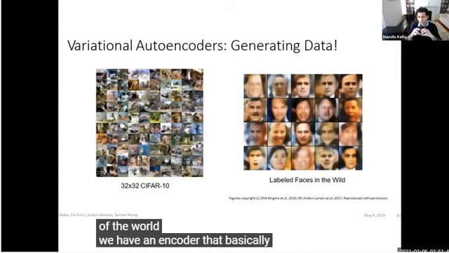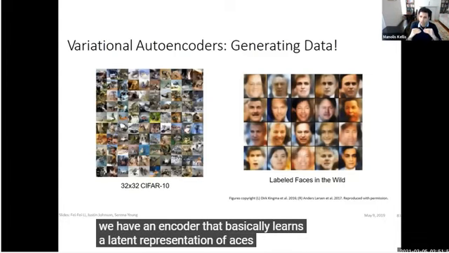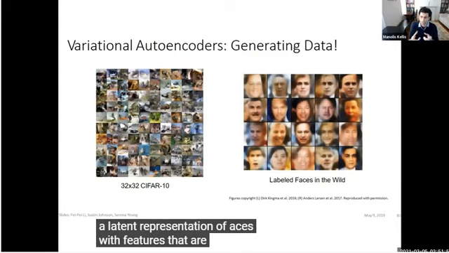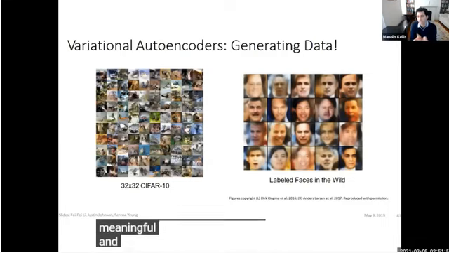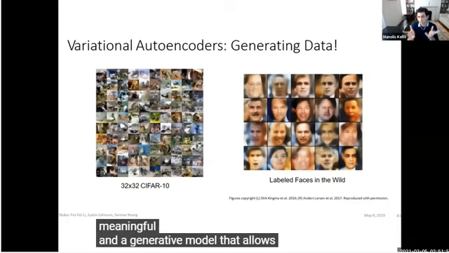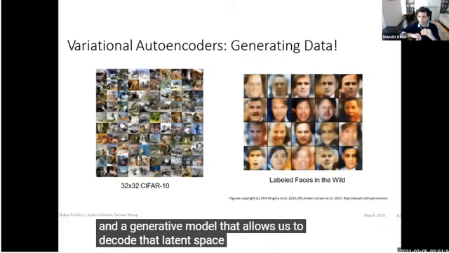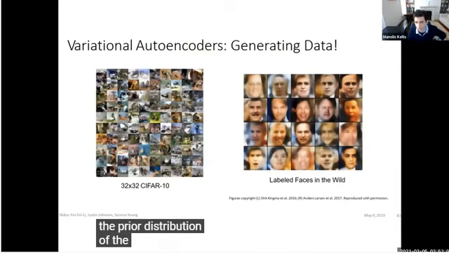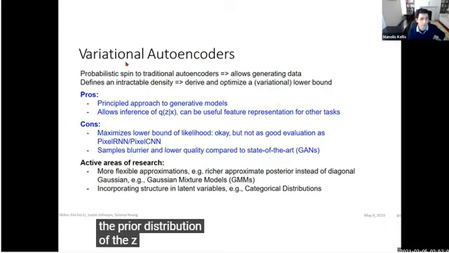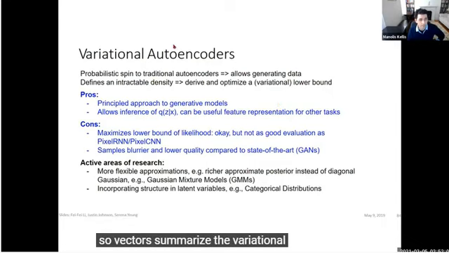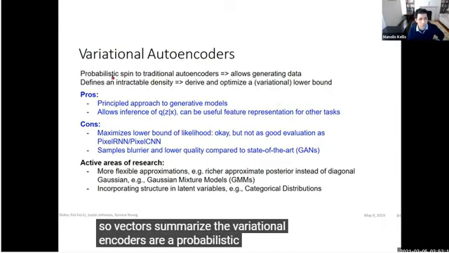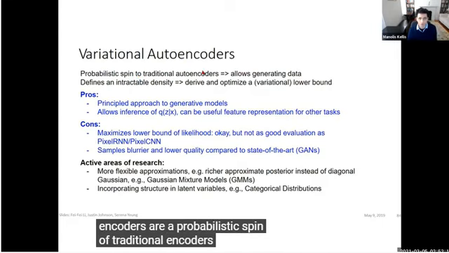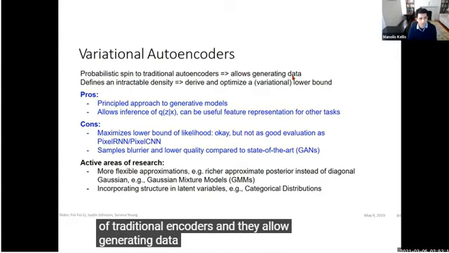We have an encoder that basically learns a latent representation of faces with features that are somewhat meaningful, and a generative model that allows us to decode that latent space and to vary that latent space through the prior distribution of the Z vectors. So to summarize, the variational autoencoders are a probabilistic spin of traditional autoencoders, and they allow generating data.